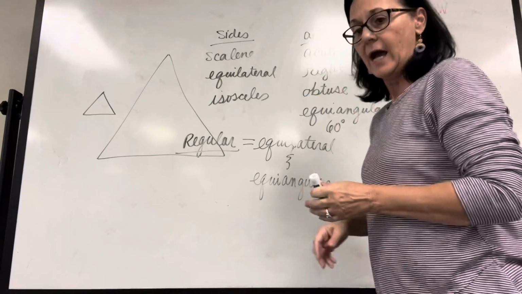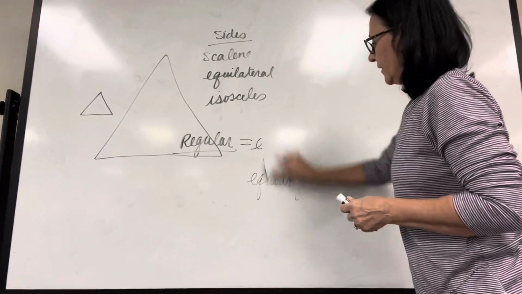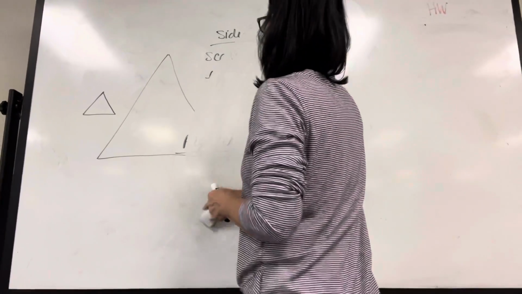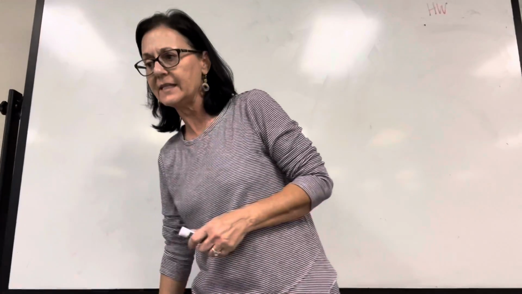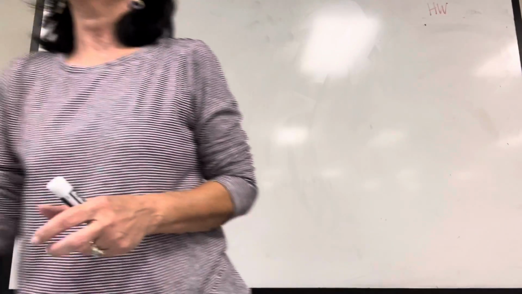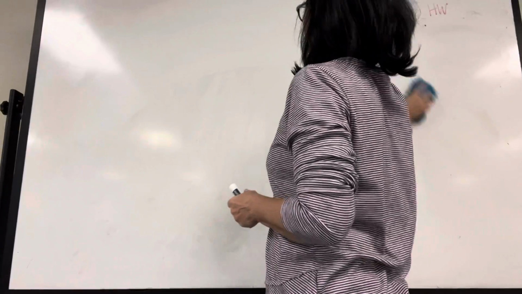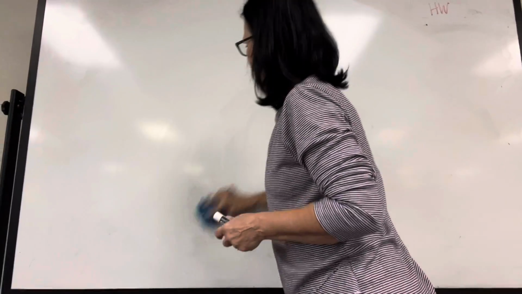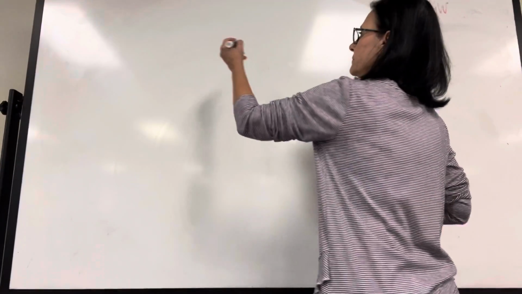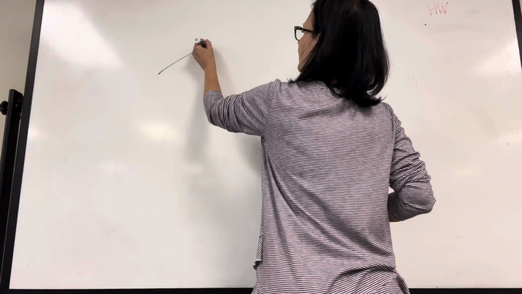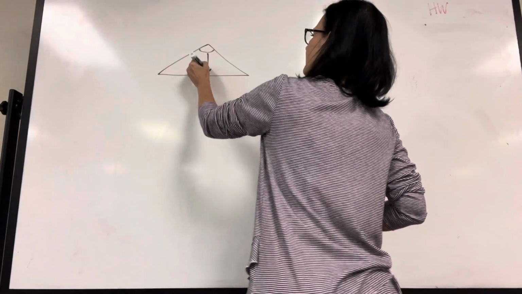So early on, I taught you guys that the length of the side of a triangle sort of dictates something. Do you remember? If I have an obtuse angle, what does it tell me about the side opposite it?